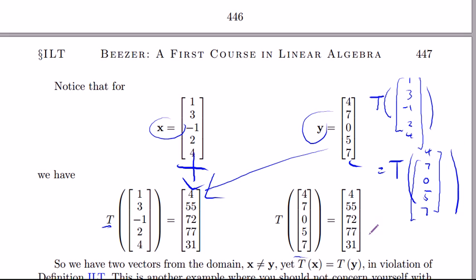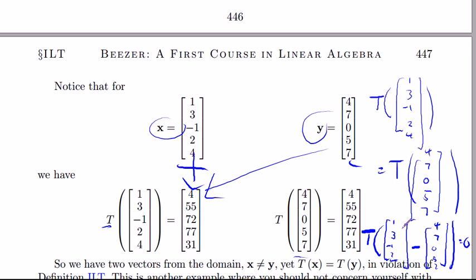Now, by linearity, I can say that T of the difference of these two vectors, (1, 3, -1, 2, 4) minus (4, 7, 0, 5, 7), T of the difference of these two vectors is going to be 0. What does that mean?